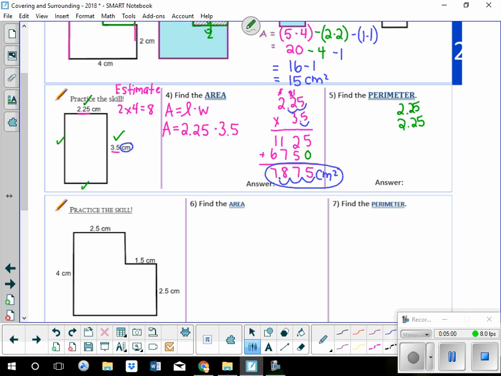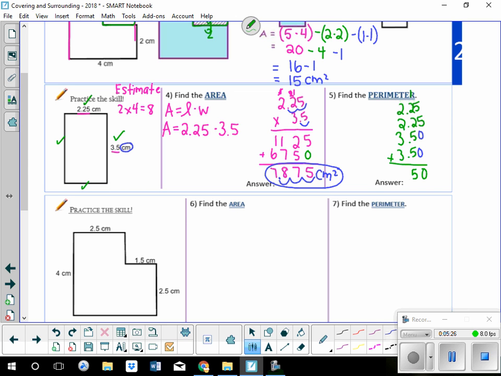Now, I need to make sure to line up my decimals here. And if you want to, you could also put in a placeholder here. Just that's optional. In my hundredths place, 5 and 5 is 10. In my tens place, I have 3, 4, 5, 10, 15.